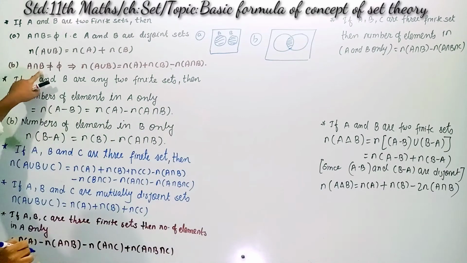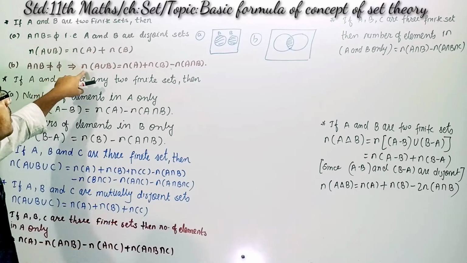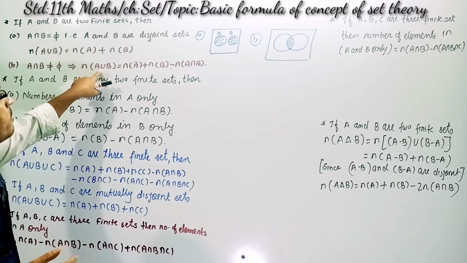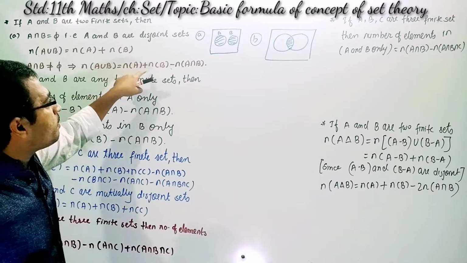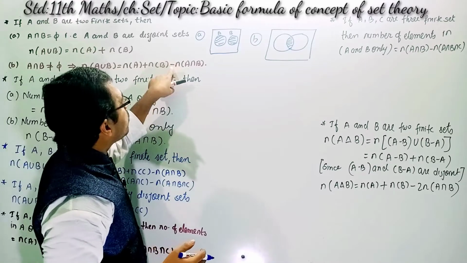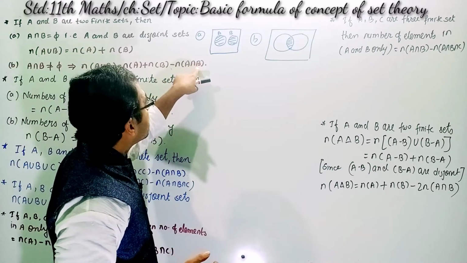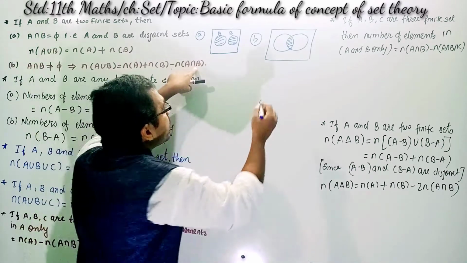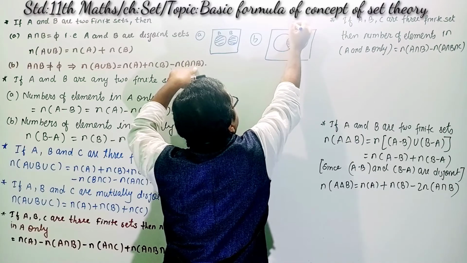So A intersection B is not empty, it means some elements will be common. Then the number of elements of A union B will be equal to the number of elements of A plus the number of elements of B minus the number of elements of A intersection B. You will have to remove the elements which are common, in the shaded region.